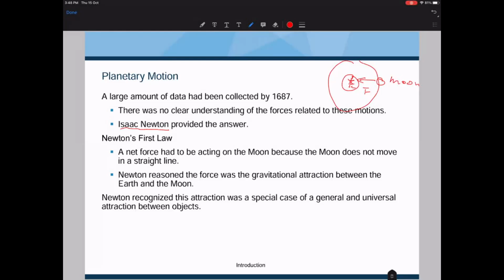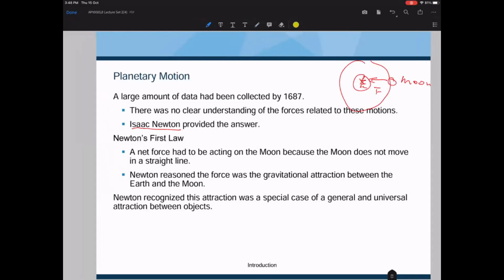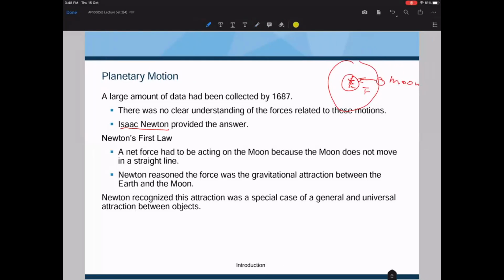For the case of the moon, it doesn't fall down because there is a tangential velocity, and this tangential velocity helps the moon to keep moving together with the centripetal force provided by gravity.